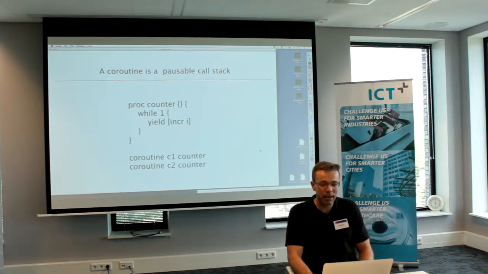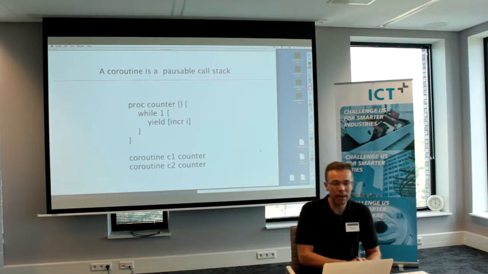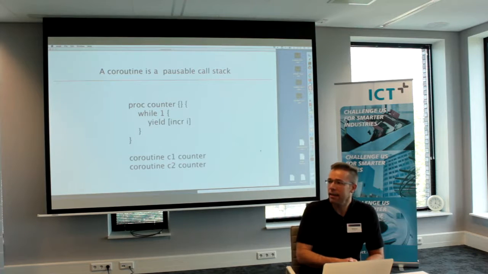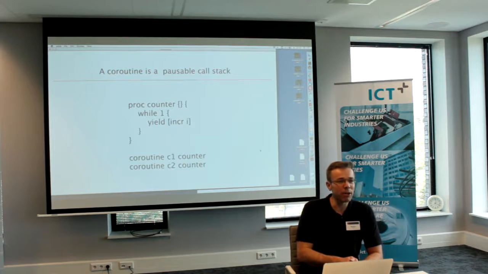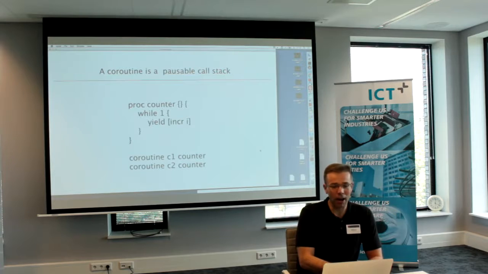With coroutines, we have that same situation, but now we have an entire call stack that can just pause in the middle of an iteration, in the middle of a while or a for loop, and it can just yield and say, call me back later on when you want to. This is all cooperative. There's no way to preemptively tell a coroutine context to stop from the outside, but cooperatively, coroutines can work together within a single process, calling each other as they want to.